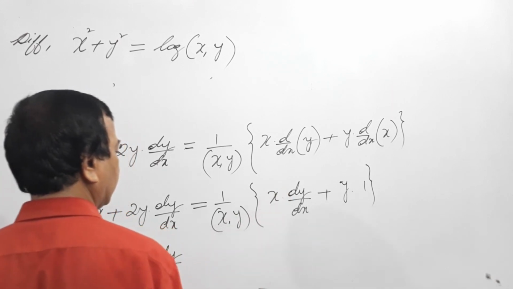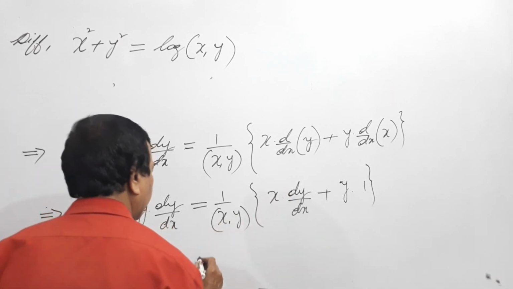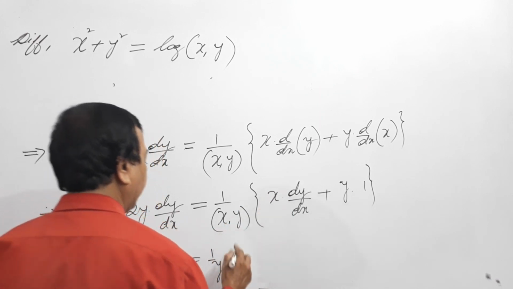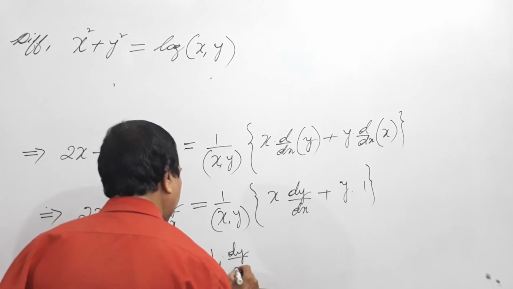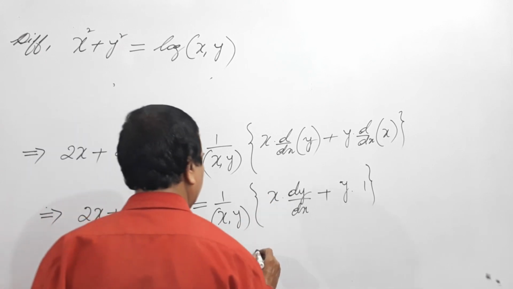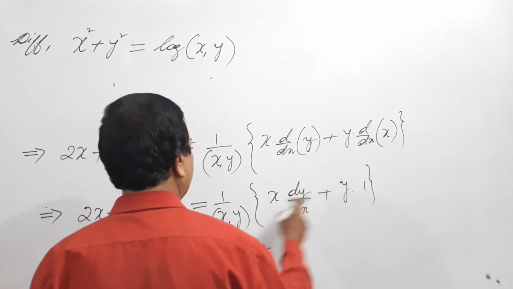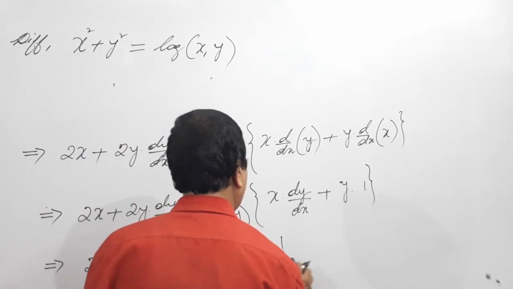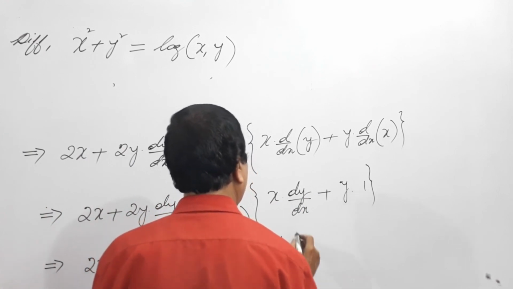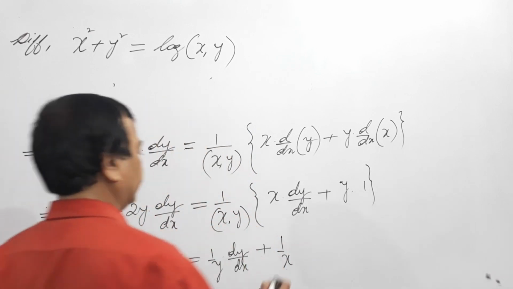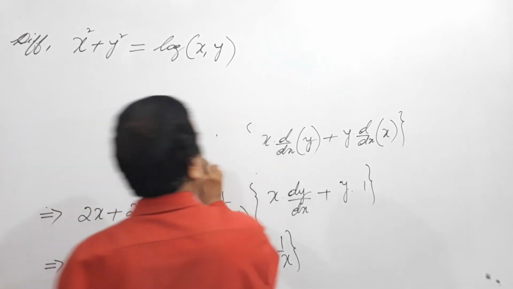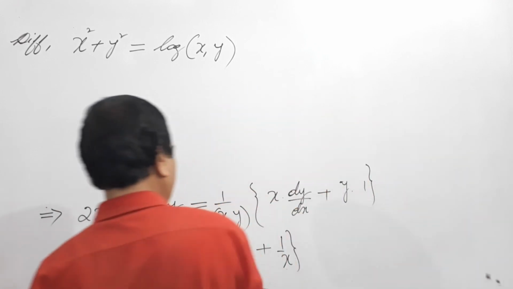So I multiply this, so this becomes equals to, first the x is cancelled, you are left with 1 by y into dy by dx, plus y and 1 cancels, you are left with 1 by x. Is it visible?